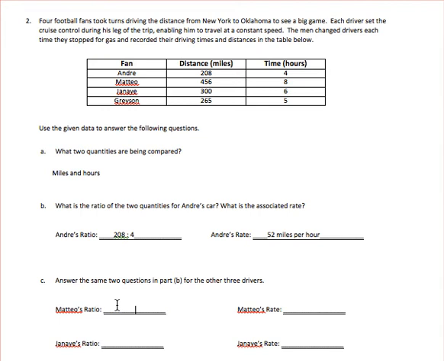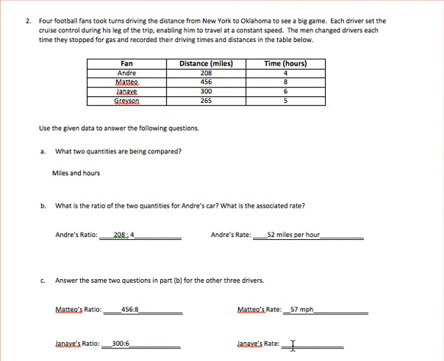Mateo's ratio is 456 to 8. And so when we divide 456 by 8, we get a rate of 57 miles per hour, which we can also abbreviate MPH. Janae's ratio is 300 to 6.